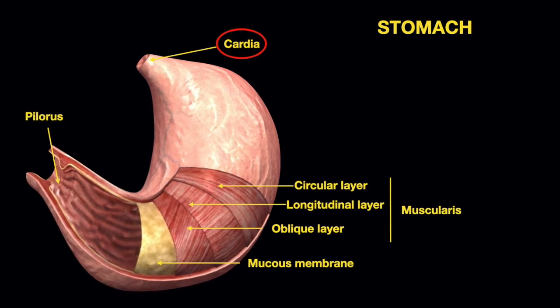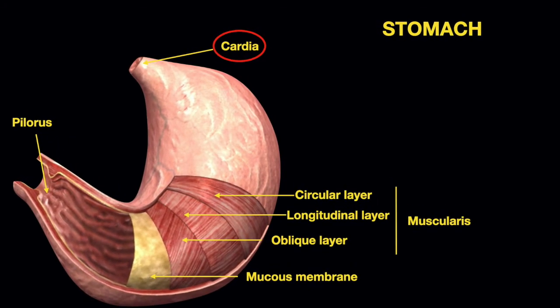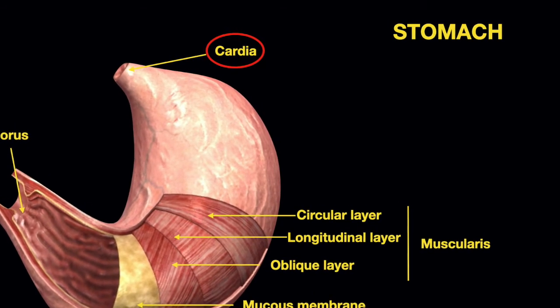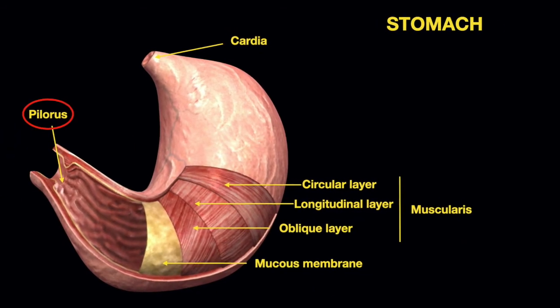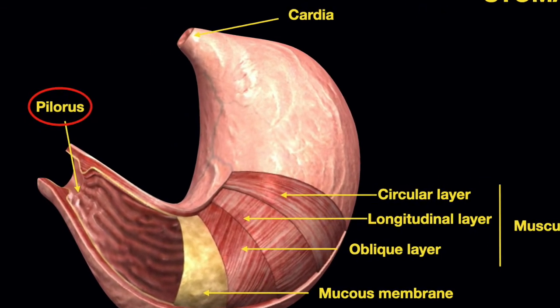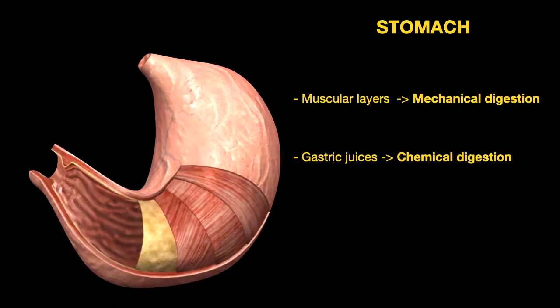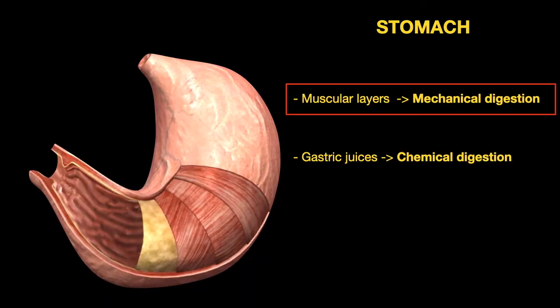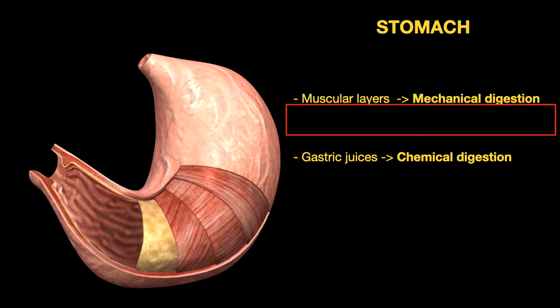The cardia is the point where the esophagus connects to the stomach and it stops reflux from happening. Pylorus connects to the duodenum. It is a sphincter that controls the stomach emptying. Due to its muscular layers, the stomach can vigorously turn food, mechanically breaking it down into smaller particles.